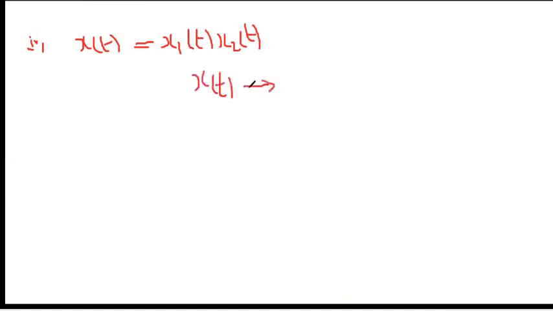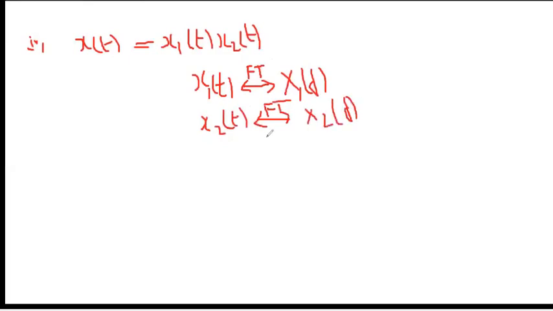The Fourier transformation of x of t is X of f. Let us take x1 of t, the Fourier transformation is x1 of f. Similarly, x2 of t, the Fourier transformation is x2 of f.